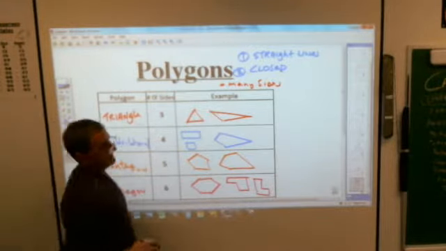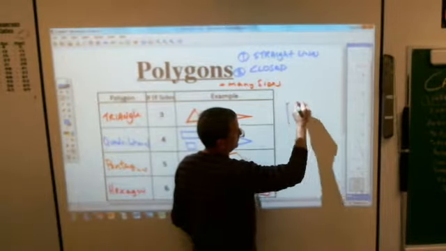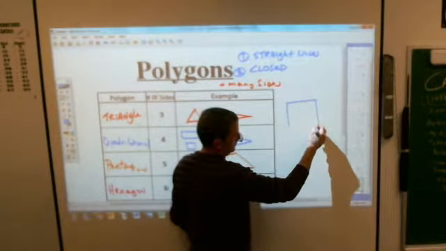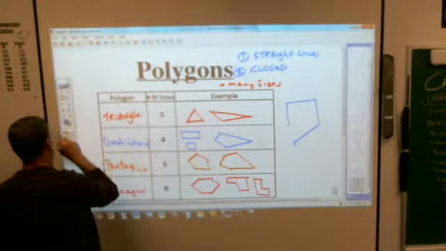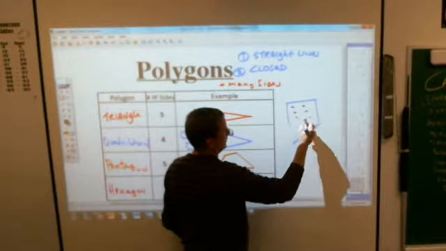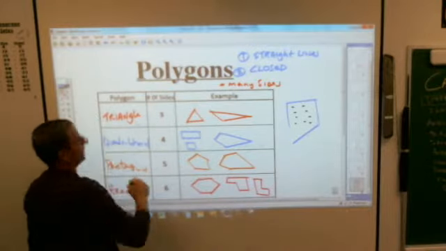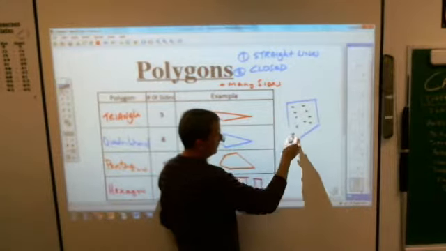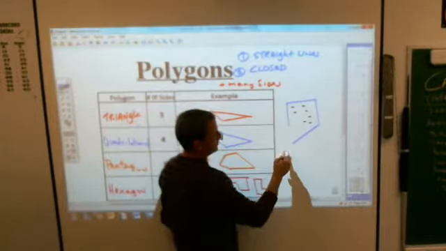What closed means is this. If you're drawing a straight line shape, and it looks like this, the way the book makes you think about it is this. Pretend that there are some ants inside that shape. And if those ants can find their way out, if there's a way for them to get out, like this, then it is not closed.